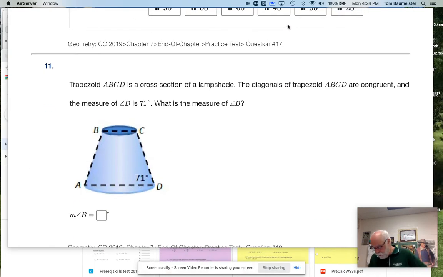Trapezoid ABCD is a cross-section of a lampshade. The diagonals of trapezoid ABCD are congruent, and the measure of angle D is 71 degrees. What is the measure of angle B? So remember, the measure of angle B is equal to the measure of angle C because base angles are congruent.